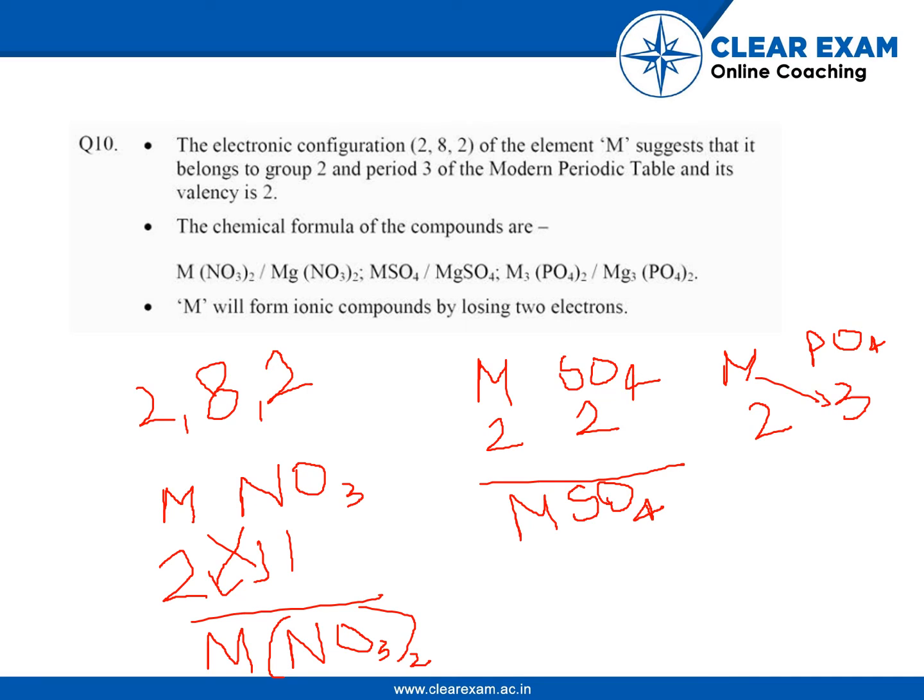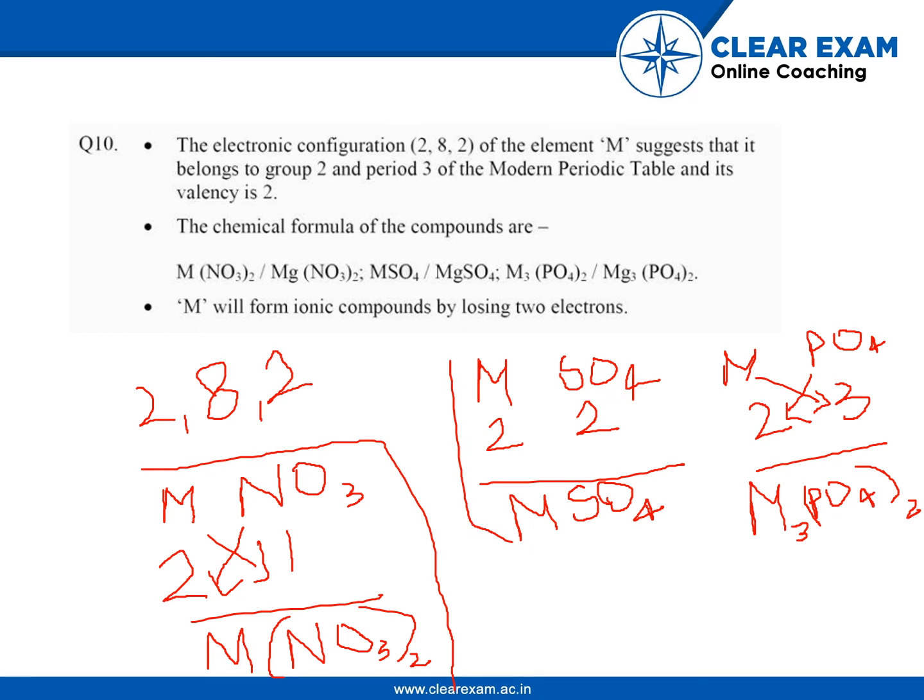Therefore again with the crisscross method we get M3(PO4) whole twice, M3(PO4)2. Now this is the solution for these three. This is for the first one, this is for the second one, and this is for the third one.